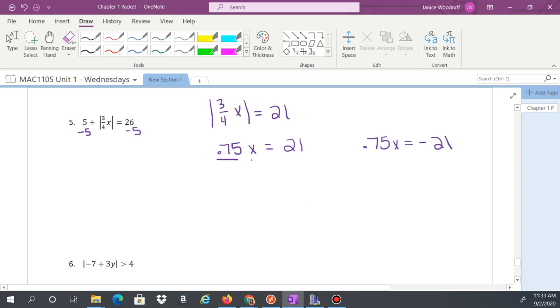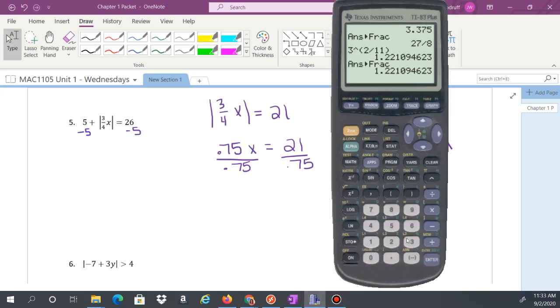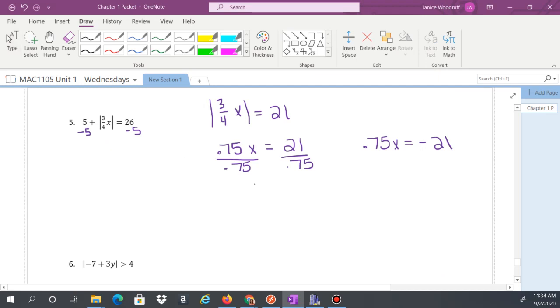And then that should just give you the same thing, just one answer positive, one answer negative. So divide by 0.75. That's 28. So positive 28, and here you'd get negative 28.